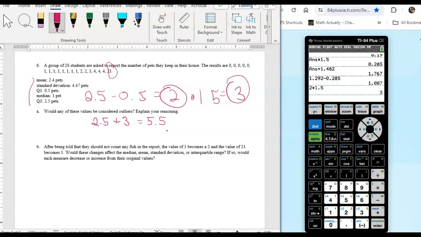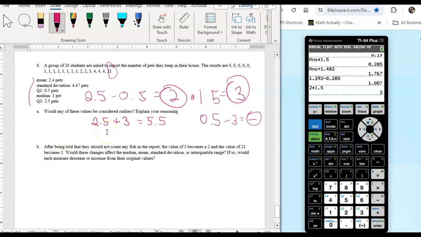We also need to look at the lower end of things, right? So if quartile 1 is 0.5 and I subtract 3, I would get a negative answer, negative 2.5, but we don't have any negative results, so none of those would be outliers.